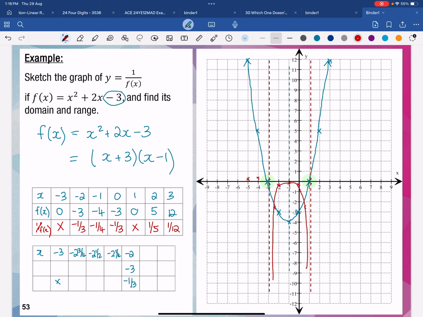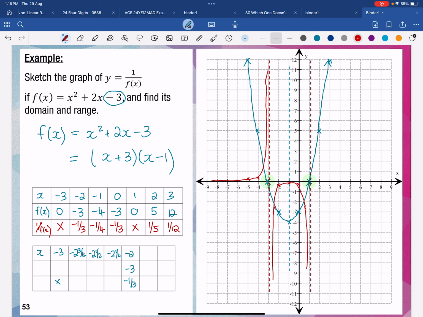What's going to happen on the other side? So what we've got here is these values. This is going to be our y equals 0, being an asymptote. That didn't go well at the end, but you get the idea.